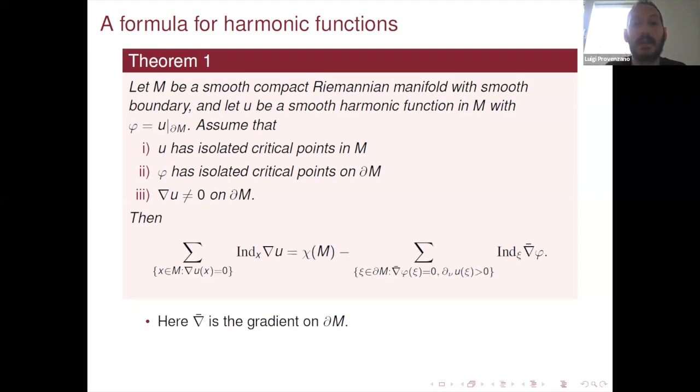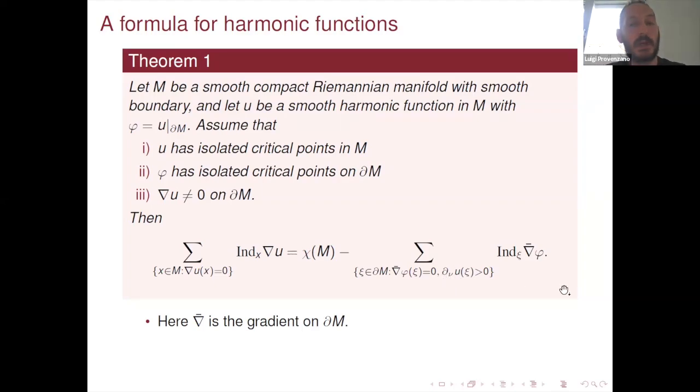And then we can conclude that the sum of the indexes of the critical points of U, so the interior critical points of the harmonic function U, is equal to the Euler characteristic of the manifold minus the sum of the indexes of the boundary critical points, so now as critical points of a function on the boundary, but just those where the normal derivative of U is positive.